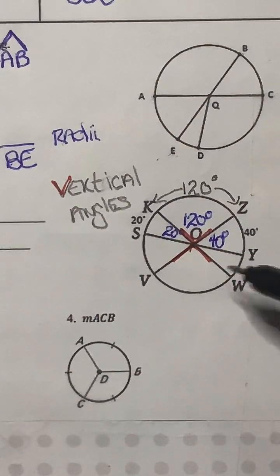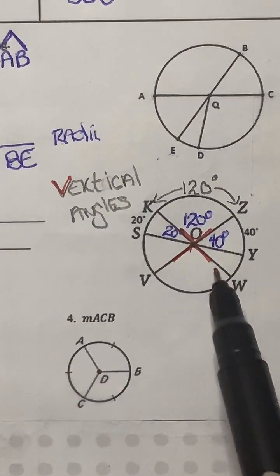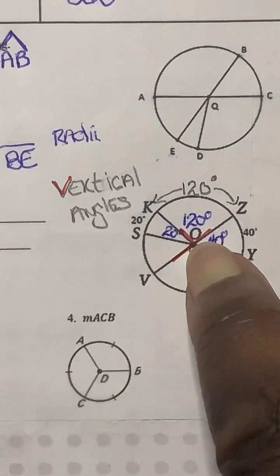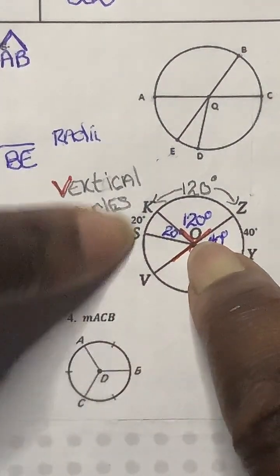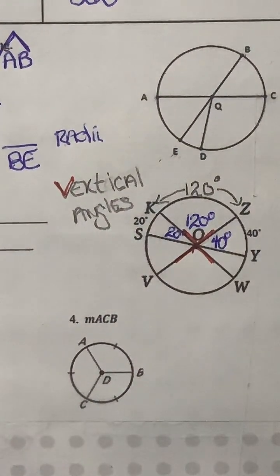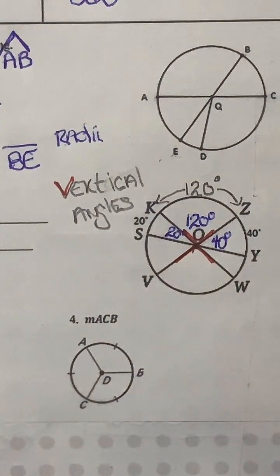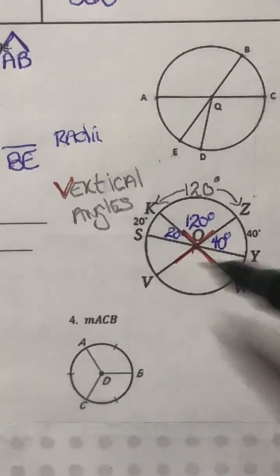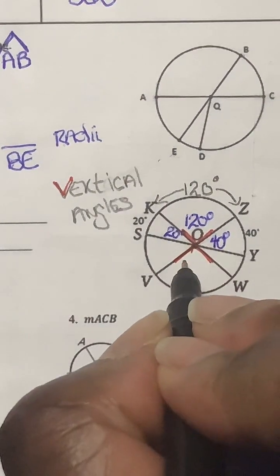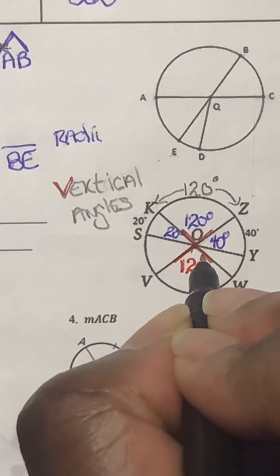The angle directly across from it, if I had some patty paper or tracing paper, and I trace this and put a pin right here in the dead center and swung it around, it will match this side exactly. With vertical angles, they are congruent. Congruent, meaning the same measurement. So if that's 120 degrees, that means this is also 120 degrees.